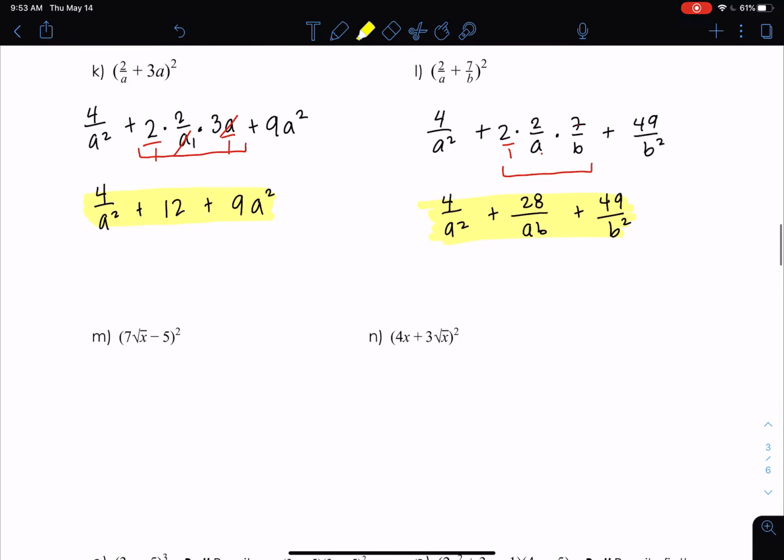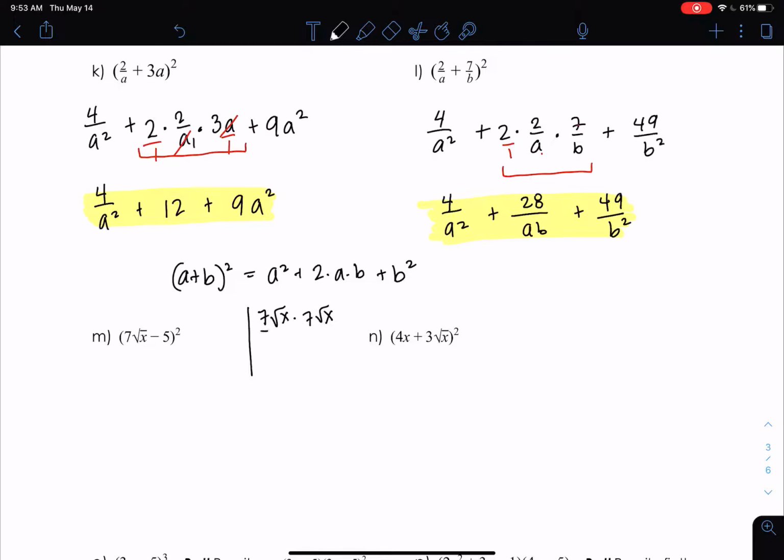Okay, let's get into these radicals. First things first, I'll write the formula since we're still learning. Let's square our first term: 7 root x times 7 root x. I'm going to show this off to the side just once.